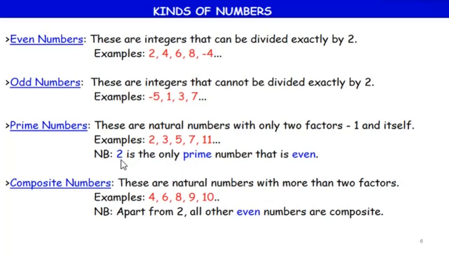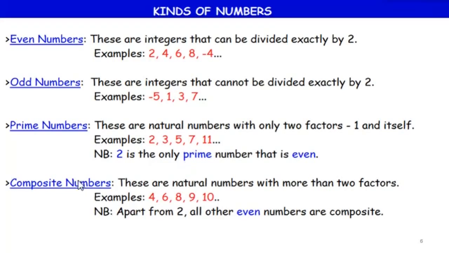So 4, 6, 8, 10 and all the other even numbers are not prime numbers. 2 is also the least prime number. Also note that 1 is not a prime number.